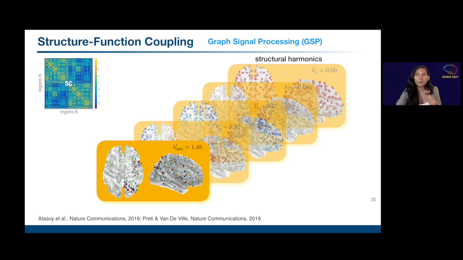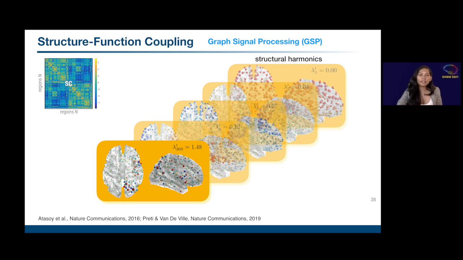These eigenmodes, or structural harmonics, describe the spatial patterns that are inherent in the structure. As you can see in this presentation, for the first eigenmode we observe a constant spatial variability. As we increase the eigenvalues that we consider, there is a lot more variability observed in higher order eigenvectors or eigenmodes.